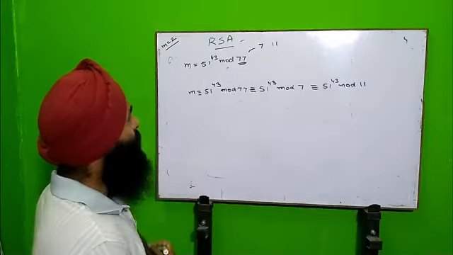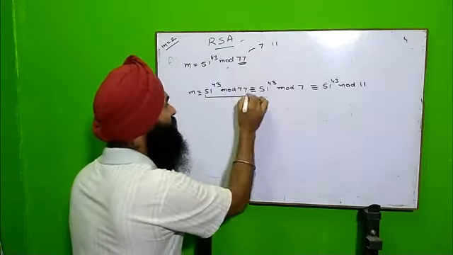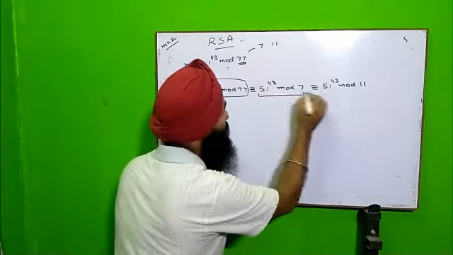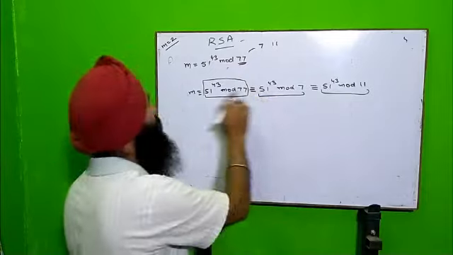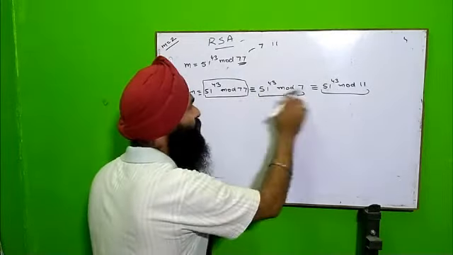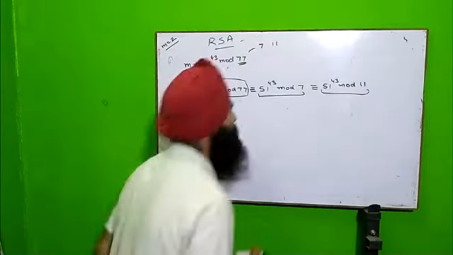So rather than calculating this complex task, we can divide our task into two equations which are congruent to m. Okay, so now we are going to solve these two equations.